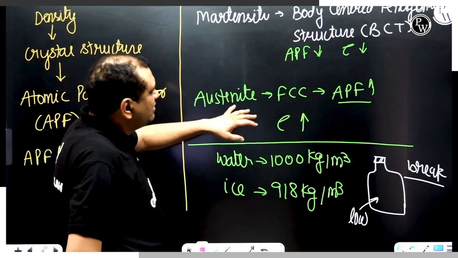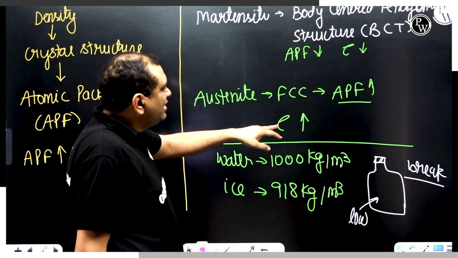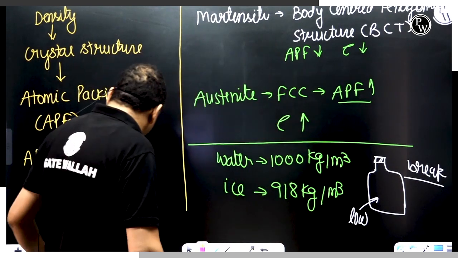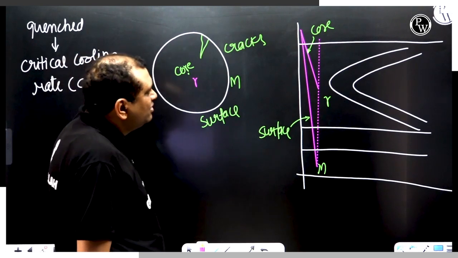What I discussed here: austenite has high density and martensite has low density.